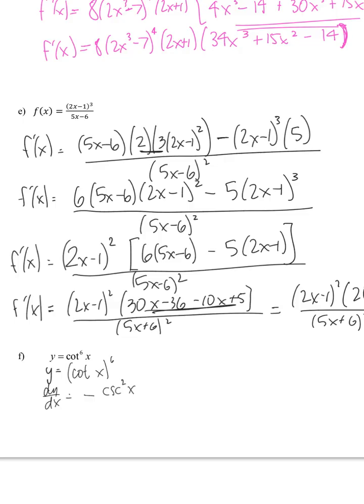Then the derivative of the entire peanut is 6 times cotangent x to the 5th. The only thing you have to do when you clean this up is put this 6 out in front because it's a coefficient. And you end up with negative 6 cosecant squared x cotangent to the 5th x. All right, see you tomorrow.